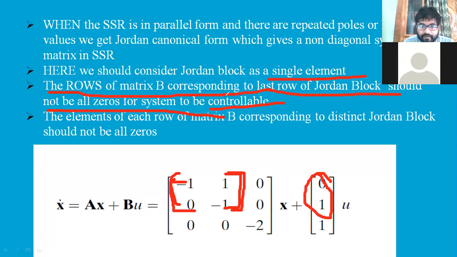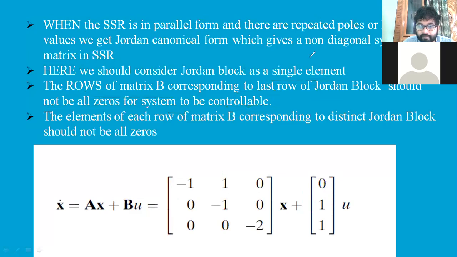What this statement is saying is the last row of the Jordan block, the last row of matrix P. Okay?